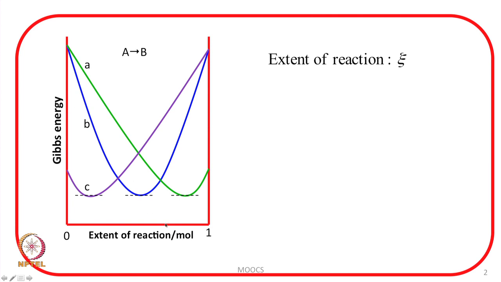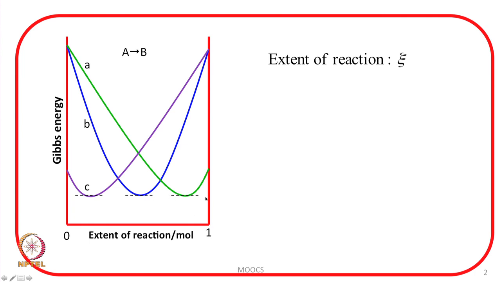Let me discuss these three cases. Let us first take up the case 1. Here the minima is lying very close to the product, because here we are considering A going to B. So, therefore, this line represents product where xi is equal to 1.